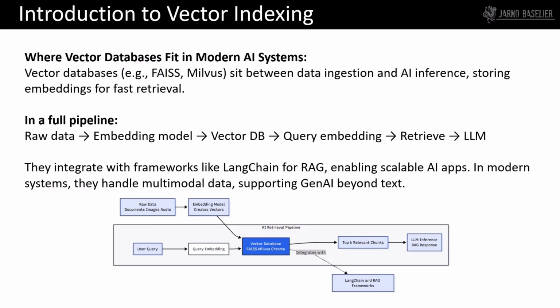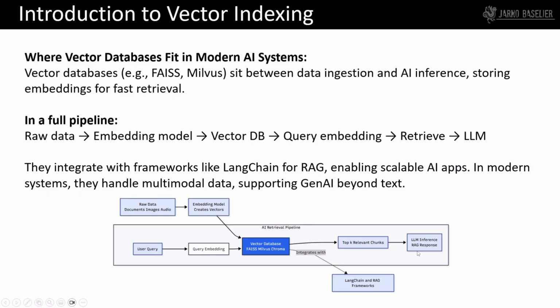And in the example below we have some raw data like documents, images and audio, and then they enter an embedding model, so vectors are being created of this raw data. Then in the AI retrieval pipeline we will start off with a user query. This query will be embedded as well, so we have a query embedding, and the vector of the raw data and the query embedding they will both reach the vector database, FAISS, Milvus or Chroma, where the top K relevant chunks are retrieved.